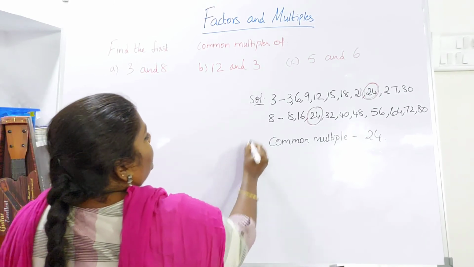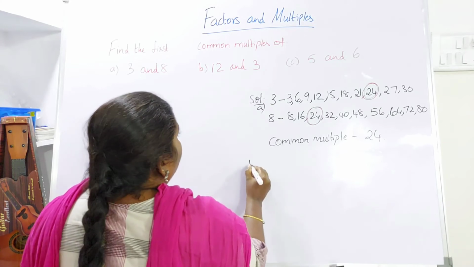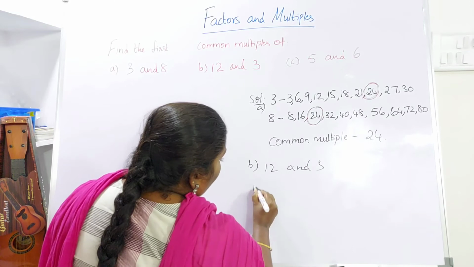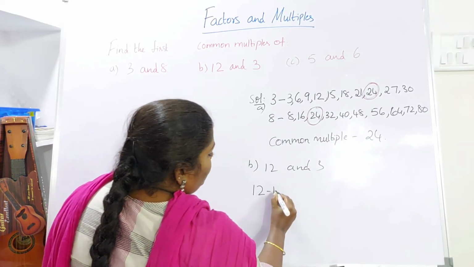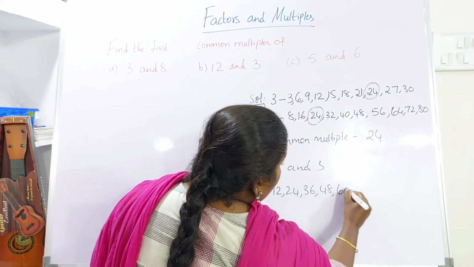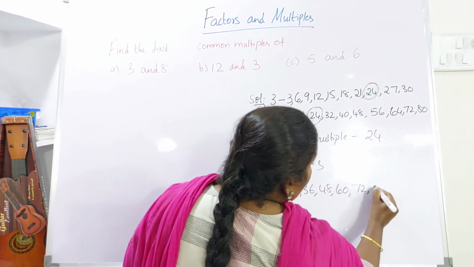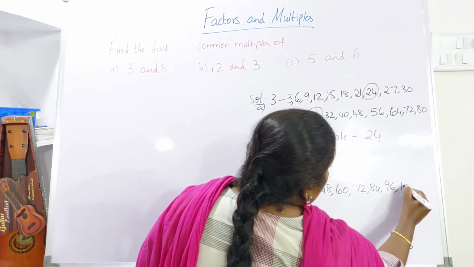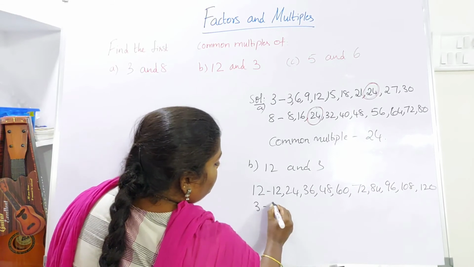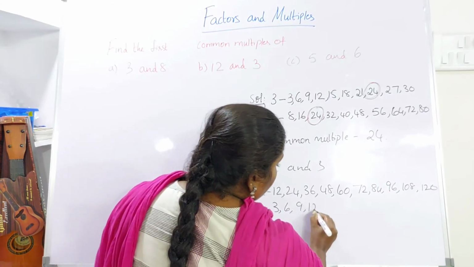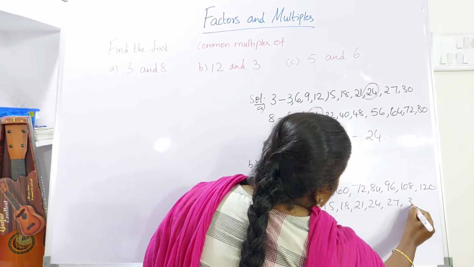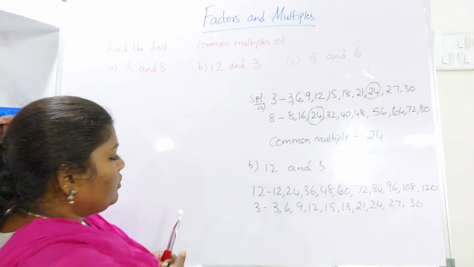So the next one, so this was A solution. B is 12 and 3. So write down the multiples of 12. 12 ones 12. Multiples of 3 are 3, 6. Now check where you have common.